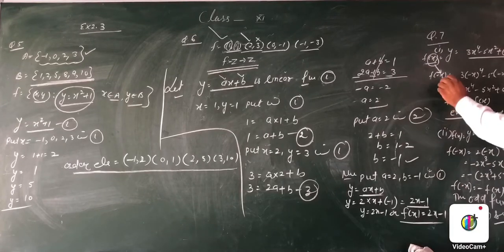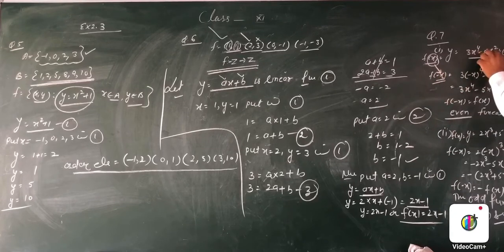So we replace x by -x in this function: 3 into (-x)^4 minus 5 into (-x) whole squared plus 6. These powers are even numbers. When the power of a negative is an even number then the sign changes into positive, and if it is an odd number then it is negative. So the sign changes to positive, we get x^4, and this is also an even number and the negative sign becomes positive, we get 3x^4 - 5x^2 + 6.